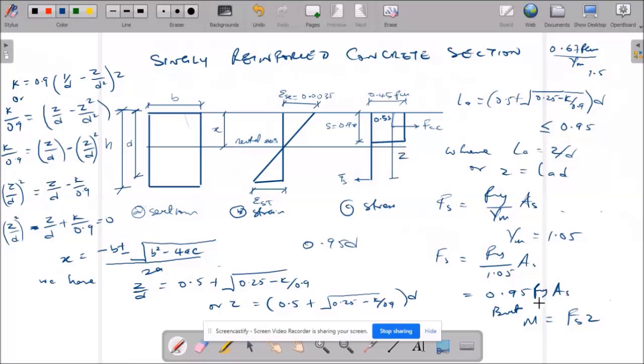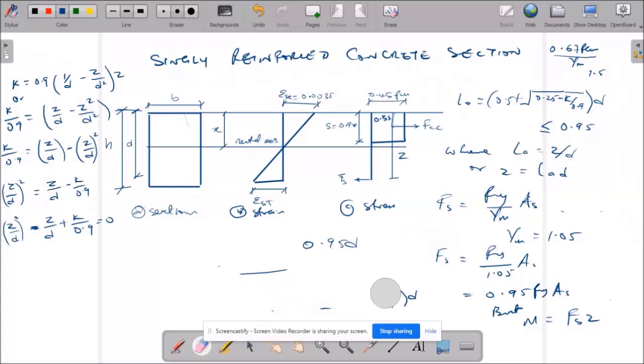So what we have next is, hence, clean this side. Hence we obtain As. We know that we have this already, which is M. So we make As the subject of formula. As will be M, because we already have this.